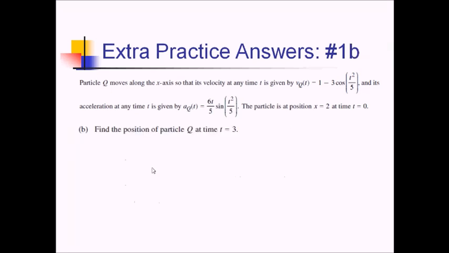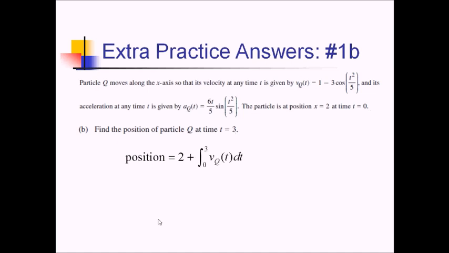For this part of the problem, I want the position of particle Q at time 3. I have the position at time 0; they told us it was 2. So I can use the fundamental theorem of calculus with this starting position and the integral of my velocity to figure out the position at pretty much any time I want. So x of 3 is going to equal x of 0, which is 2, plus the integral from 0 to 3 of my velocity.